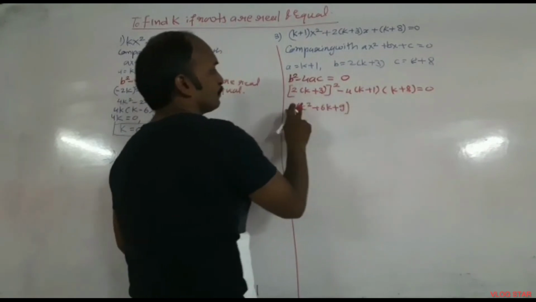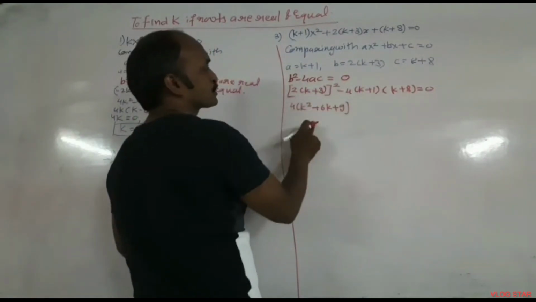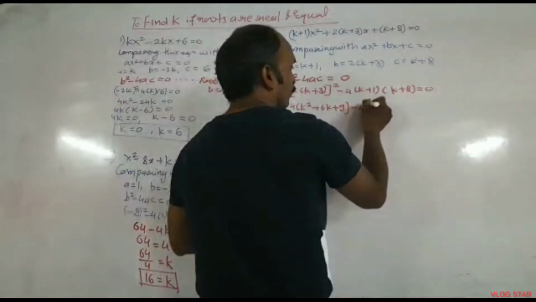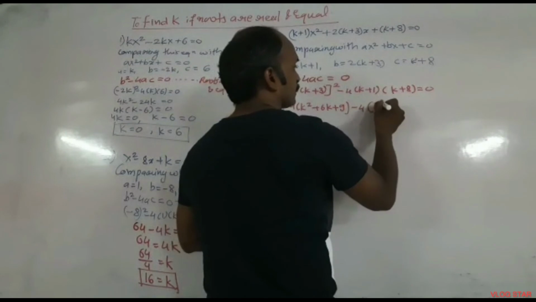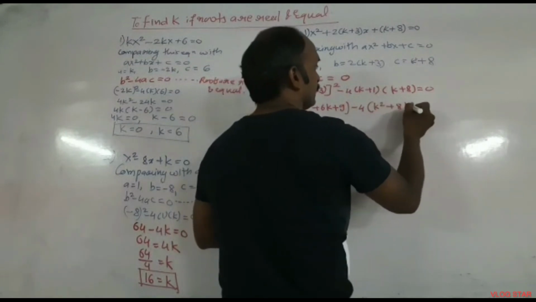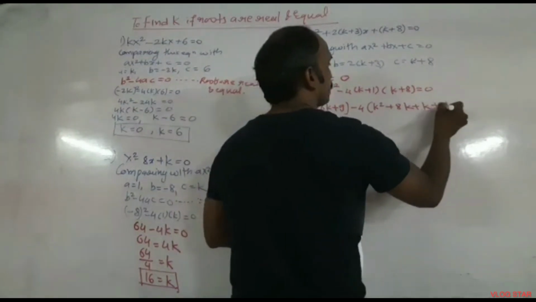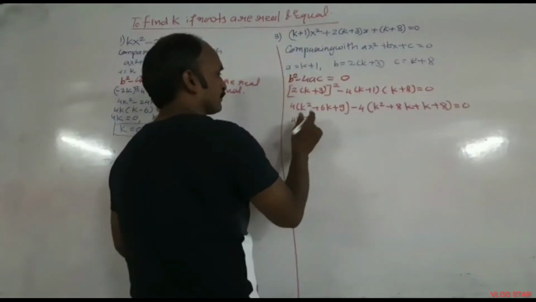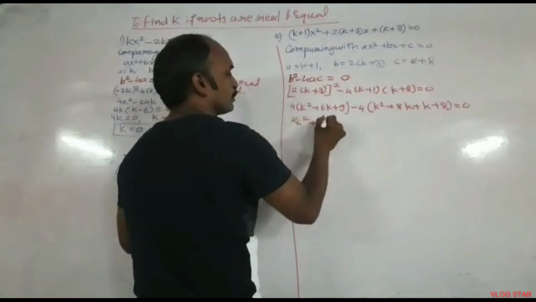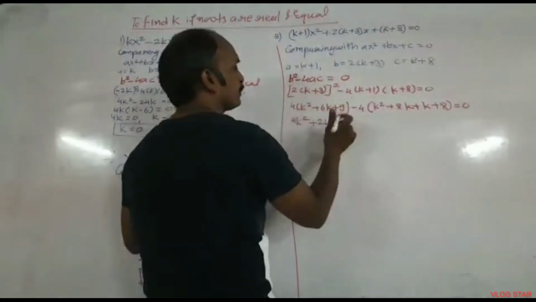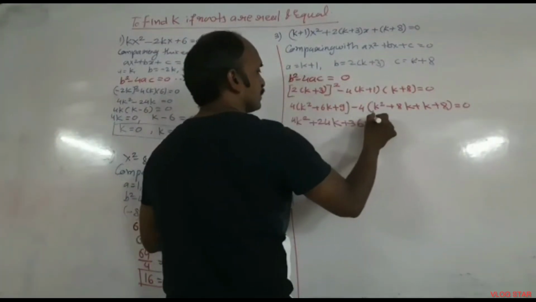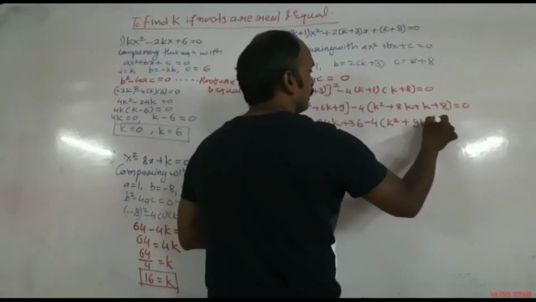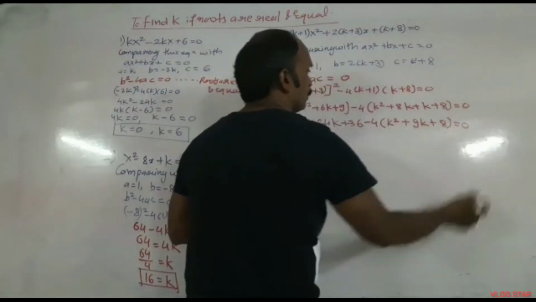We have applied the formula of a plus b whole square, so a square plus 2ab plus b square. Then 4, multiply them. k square plus 8k plus k plus 8 is equal to 0. So you get 4k square, 4 into 6 is 24k, 4 into 9 is 36, minus 4, k square 9k plus 8 is equal to 0.